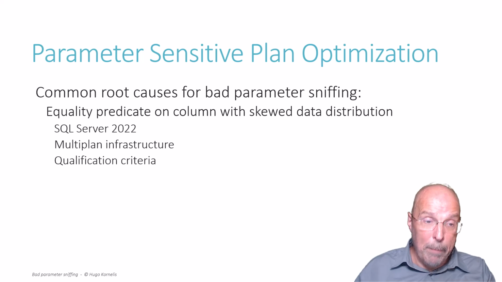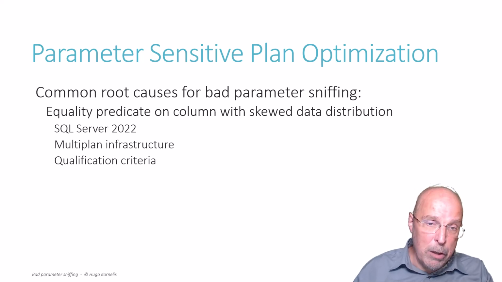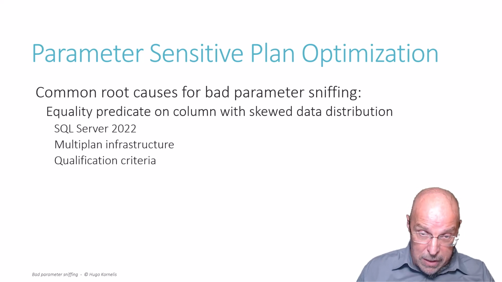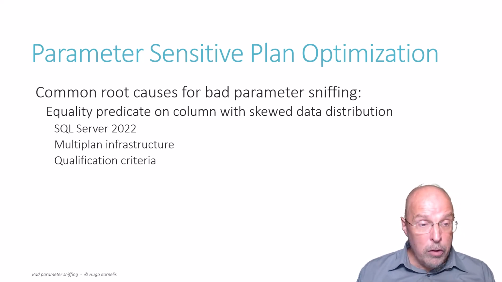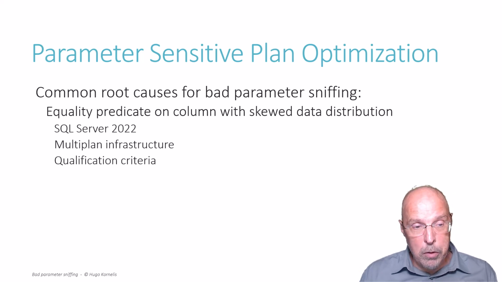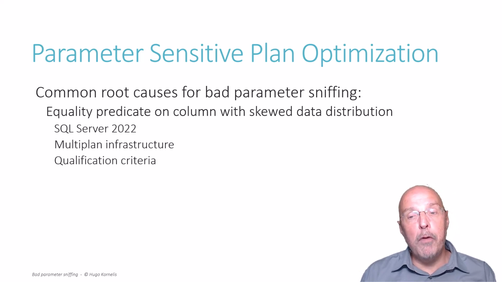SQL Server has to compile it. At that point, because PSPO is active, SQL Server first has to make a decision. Do I create a single regular execution plan, or do I create a single dispatcher plan that then indirectly can link to multiple execution plans? In other words, do I need PSPO for this query?